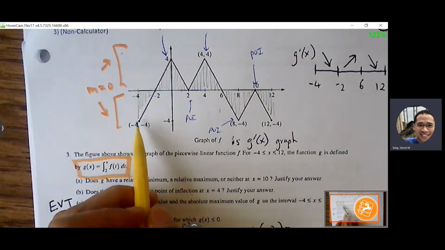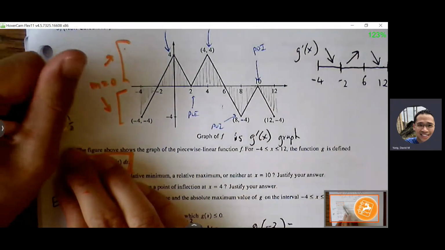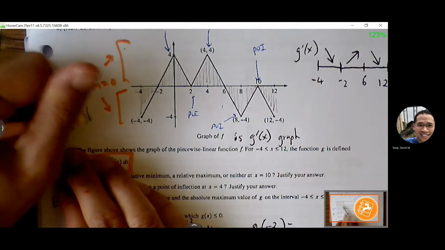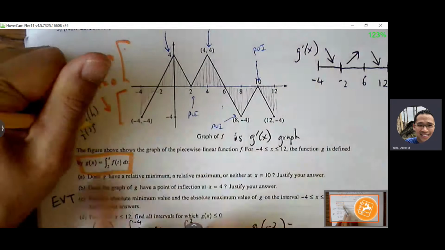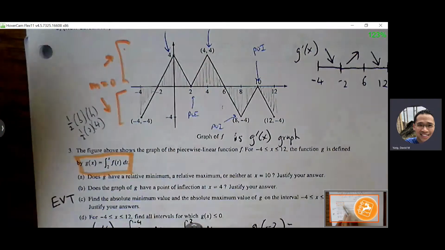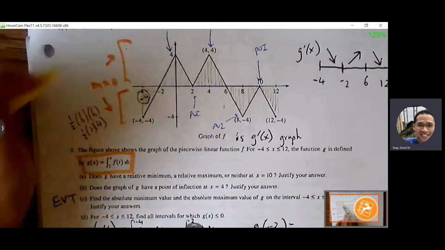Okay, so first is below the x-axis. So this is 1/2 base times height. Base is 2, height is 4. 1/2 base times height, 8 divided by 2 is 4 below the x-axis. So I can say this is -4.